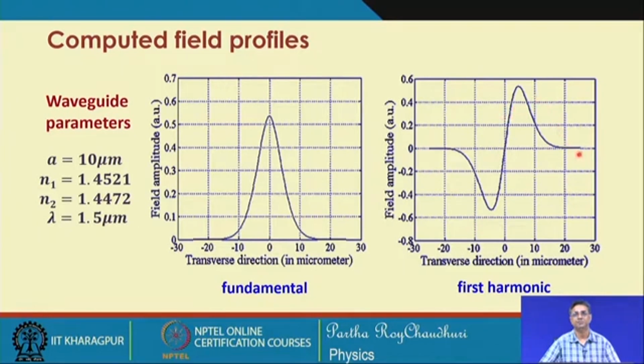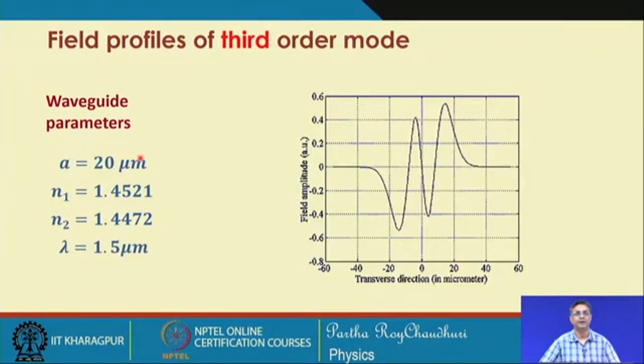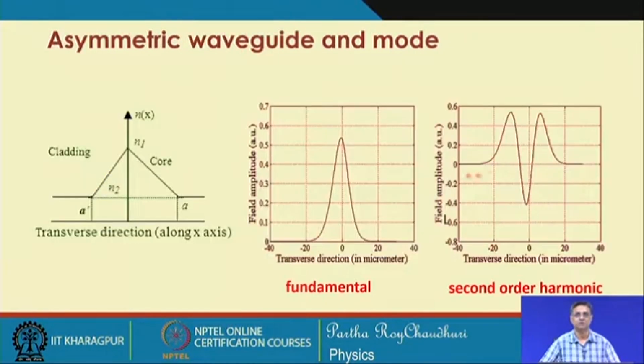Then if you take waveguide parameters like a equal to 20, if you increase the width of the waveguide, the other conditions remaining the same, then you will get higher order modes like this.